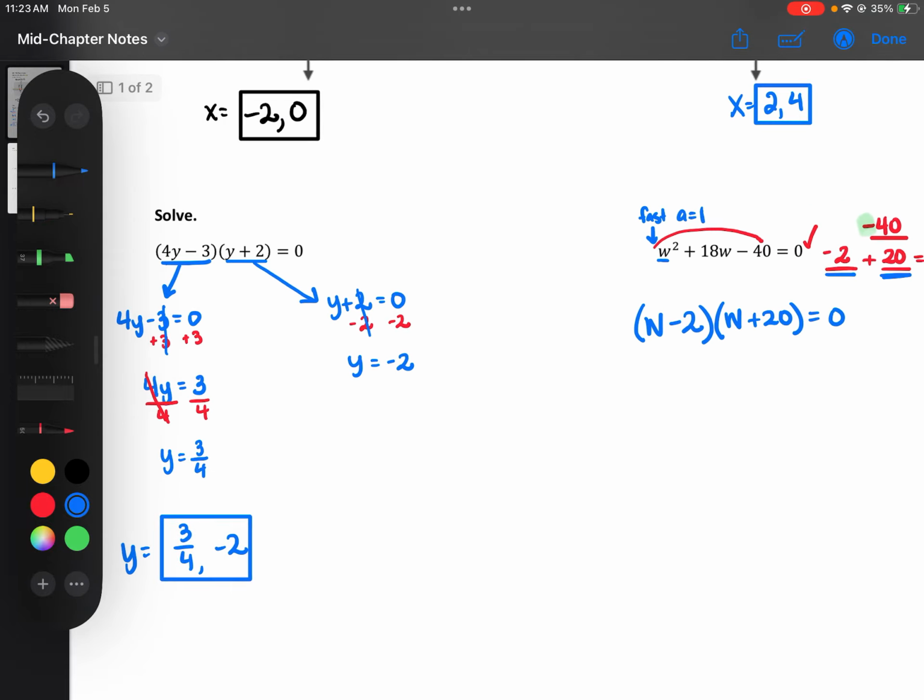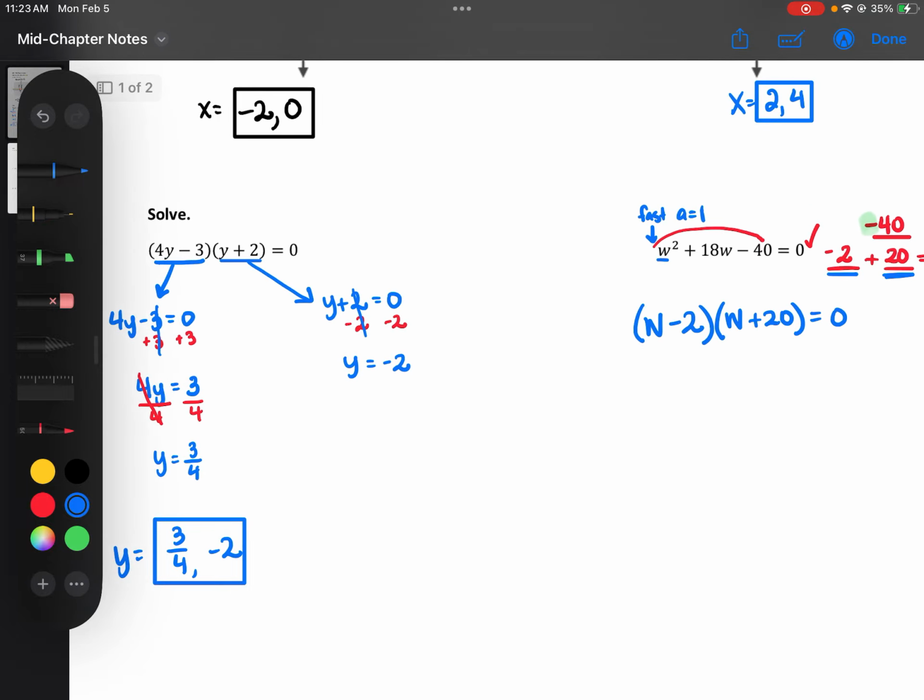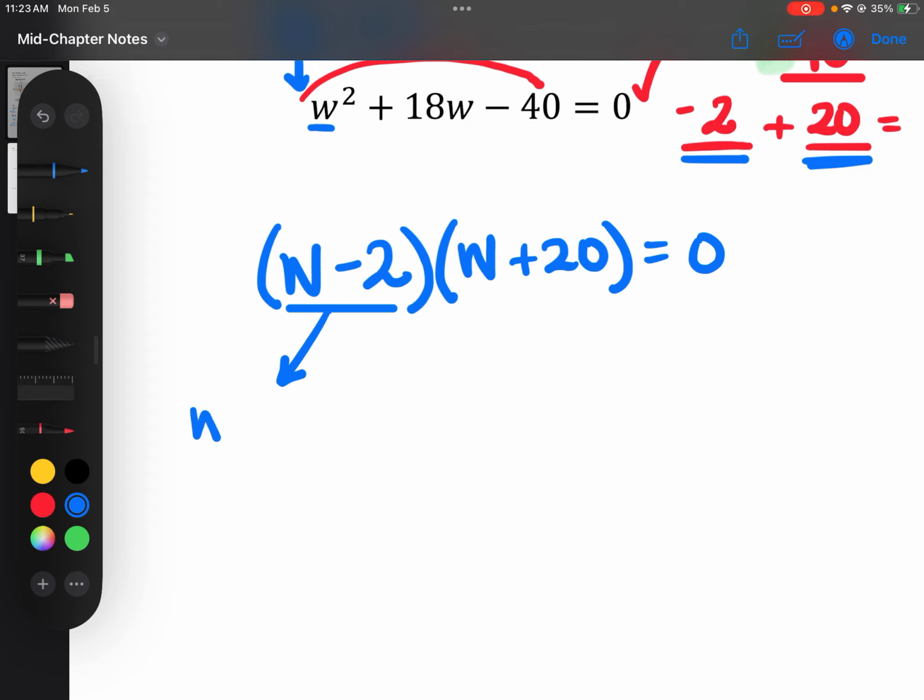Now you're going to notice it looks just like the previous problem where we have our parentheses. So we'll go ahead and solve each of these expressions, or equations. So w minus 2 is equal to 0. I'll add 2 to both sides, and I get w is equal to positive 2.